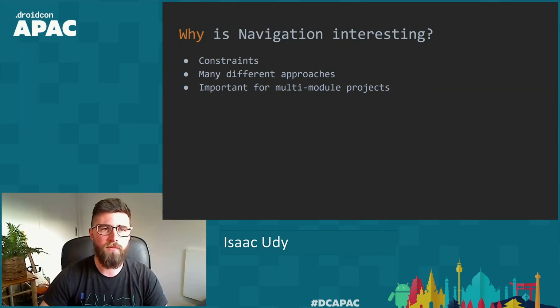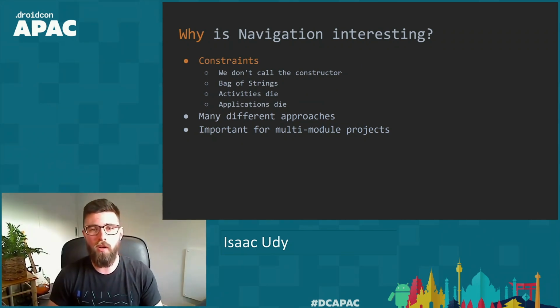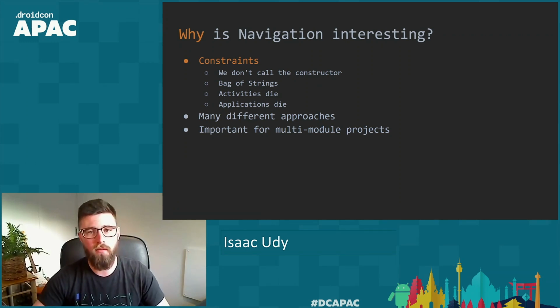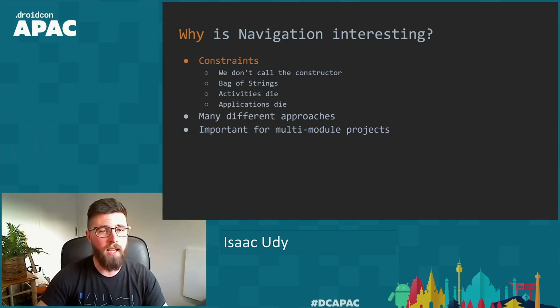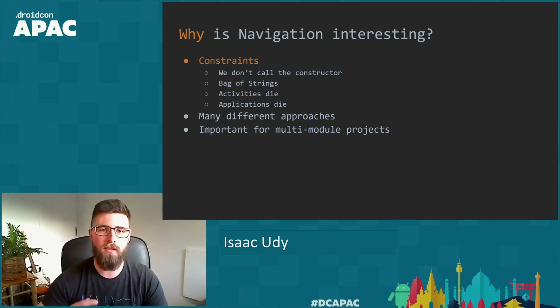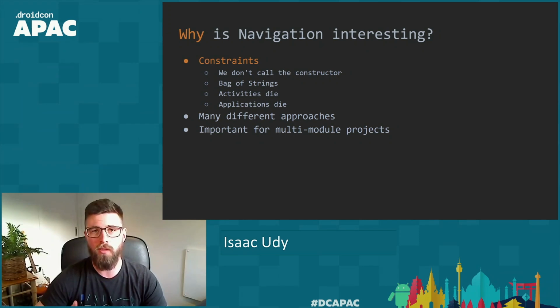So, why do I think navigation is interesting? Well, on Android, we've got quite a few different constraints around how navigation works. We don't get to call the constructors for our screens. The arguments to our screens are just bags of strings pointing at objects. And of course, the Android lifecycle causes some interesting problems.